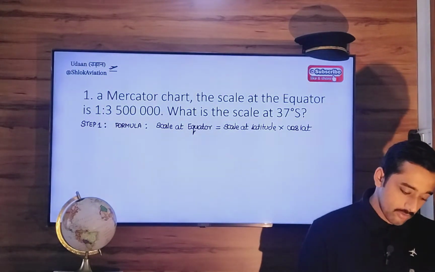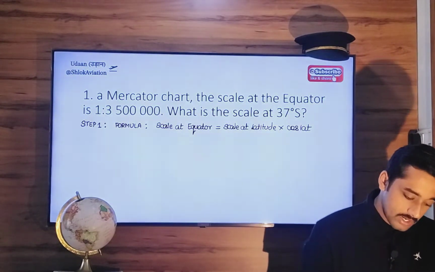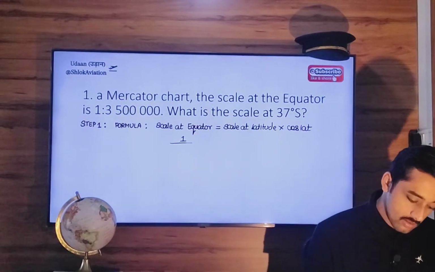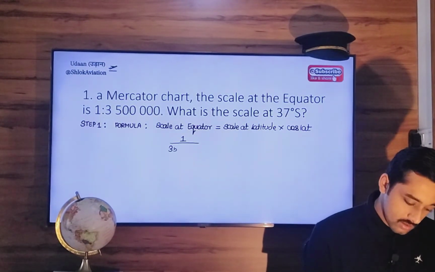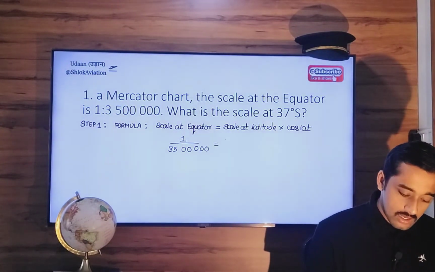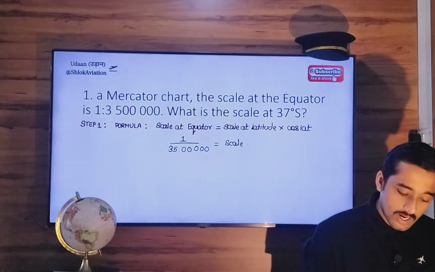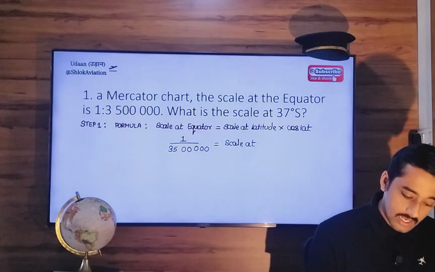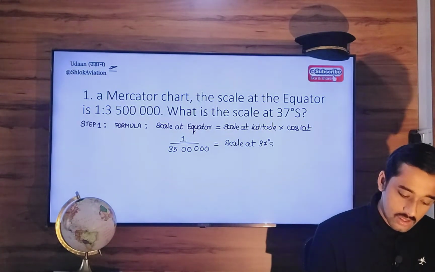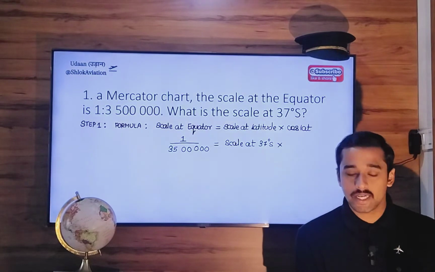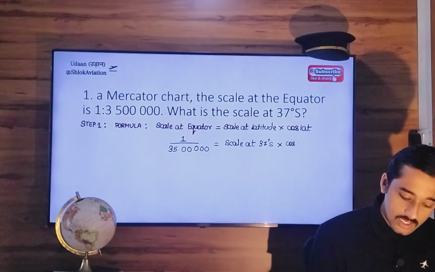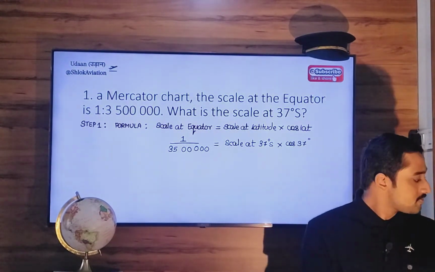Now the scale at equator is 1 divided by 35 lakh, equals to scale at latitude. What kind of latitude? Scale at 37 degrees south into cos of that particular latitude. So cos of 37 degrees.